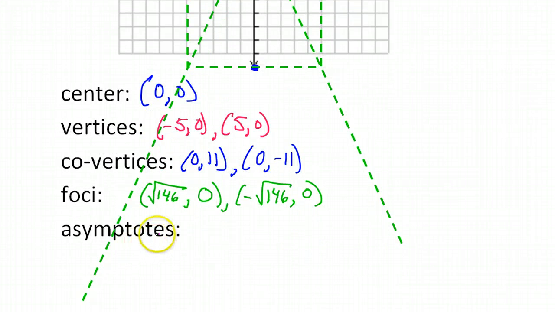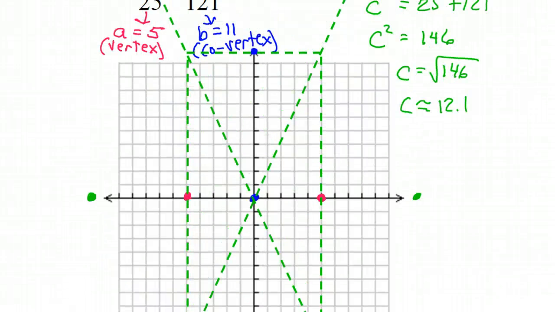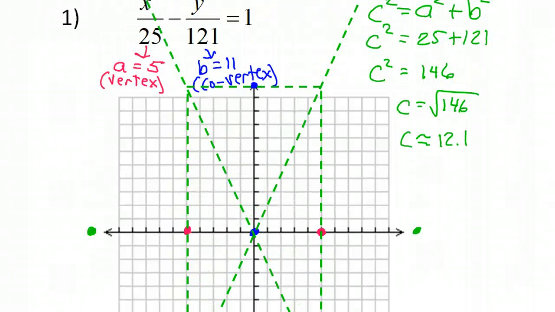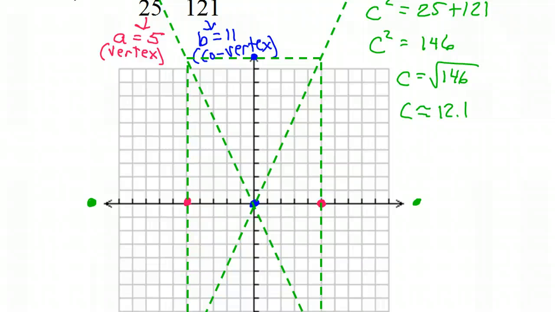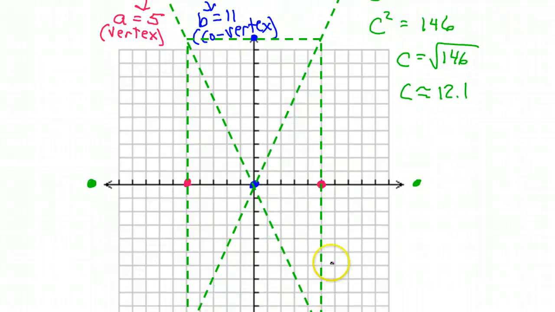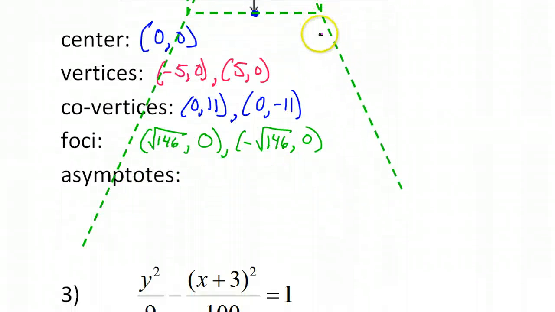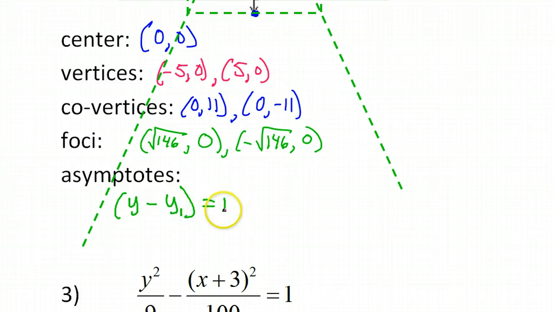Okay, now we're going to do the asymptotes. To do the asymptotes, instead of using y equals mx plus b, which is called slope-intercept form, we are going to use a different form of the equation called point-slope form. And it's going to work sort of like this. It's going to be y minus y1 is equal to the slope times x minus x1.